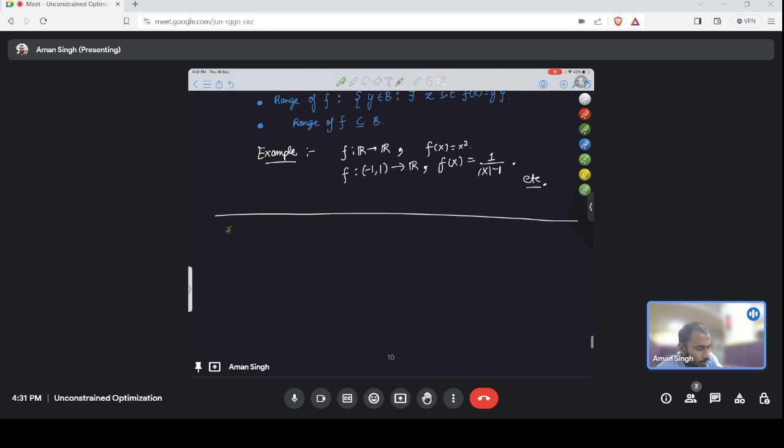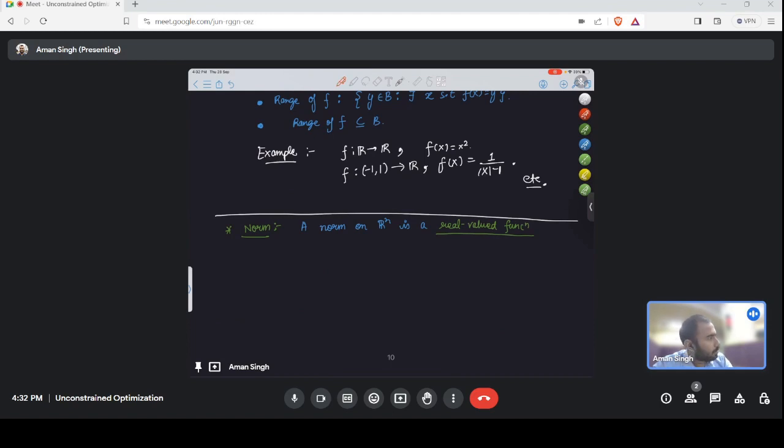Now let's define what a norm is. You might have heard about 2 norm, 3 norm. They are examples of norm. We'll formally define what a norm is in this definition. A norm on Rn is a real valued function. What does this mean?